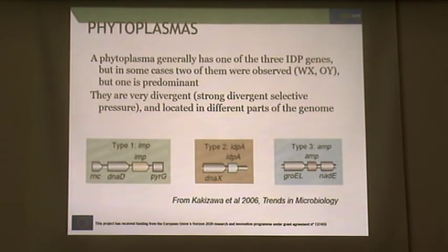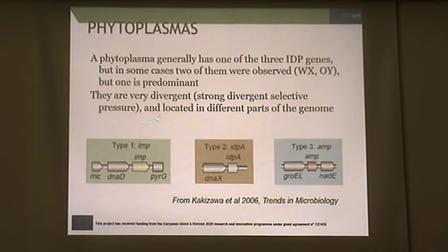So, as I told you, and I didn't tell, generally a phytoplasma species has one dominant membrane protein, so one of the three, but some of them have two. One is the major and one is the minor.